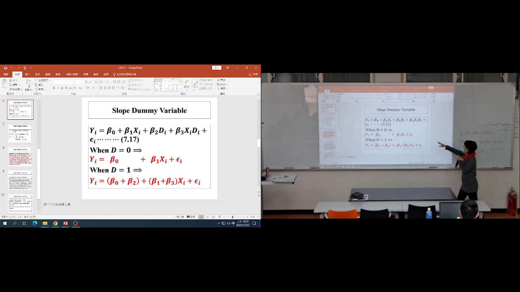So this one maybe is more popular than this one. It's worthy to add one more interaction term. So this is the functional form change, right? This is what we call functional form change. This is not missing variables. This is functional form change because we add one more term, which is the interaction of the existing x variables.